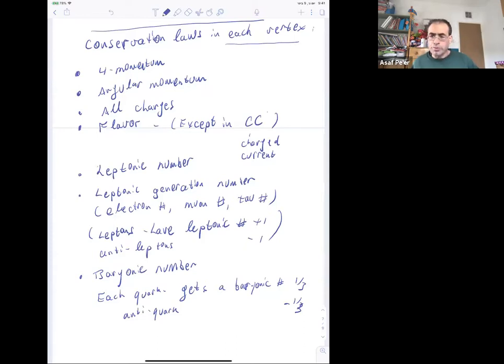So that way each baryon has a baryonic number of +1 and each anti-baryon has a baryonic number of -1. And these numbers are conserved.